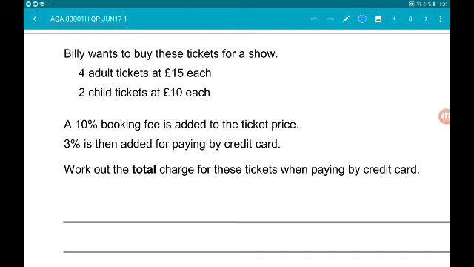So you need to be really careful here. What's going on? On top of the ticket price, we're then getting charged 10% of that for the booking fee. The 3% is then 3% of the tickets and the booking price. So let's find the cost of the tickets.